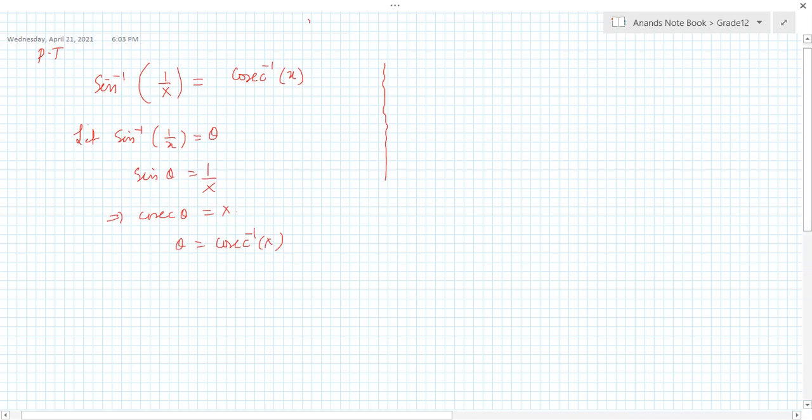So you said sine inverse of 1 by x is equal to theta, and you're getting theta equal to cosecant inverse of x. From this we can conclude that sine inverse of 1 by x is nothing but cosecant inverse of x.